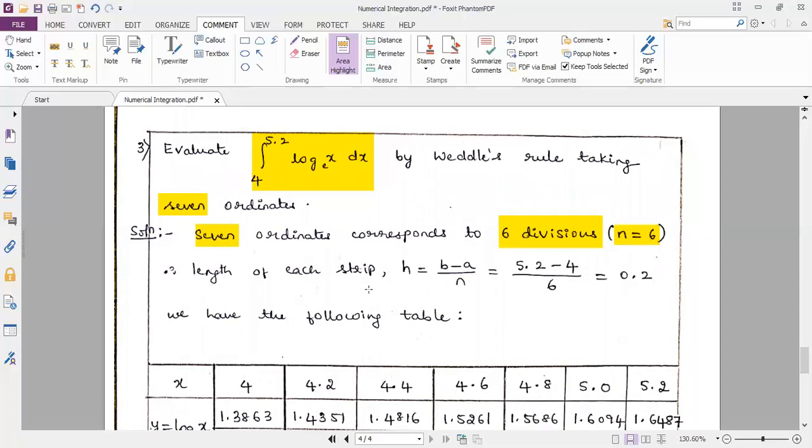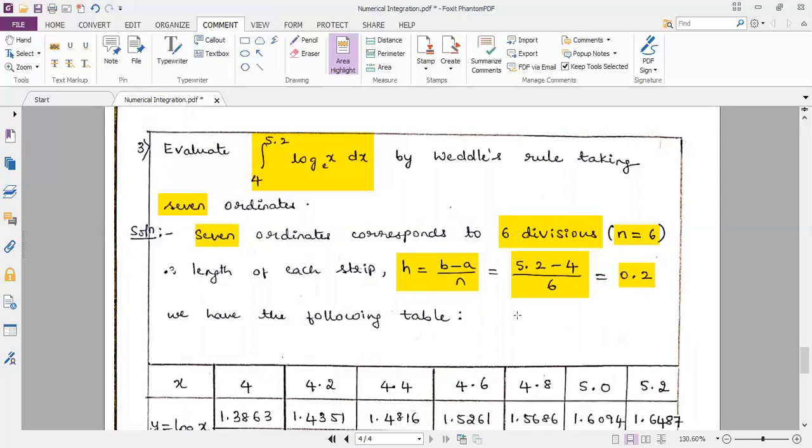So length of each strip h is given by b minus a divided by n. The b and a values are those values which we obtain from the integral limits. So a value is the lower limit, which is 4. b value is the upper limit, which is 5.2. Substituting 5.2 minus 4 divided by 6, we obtain h is equal to 0.2.